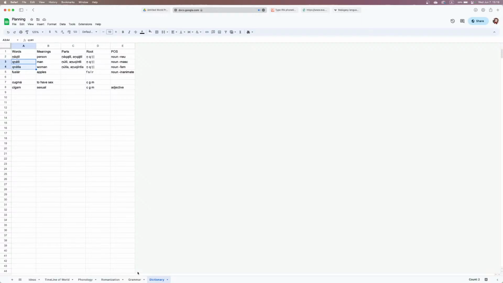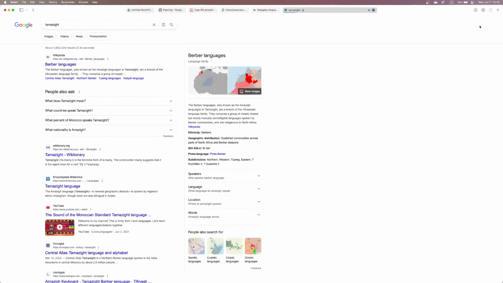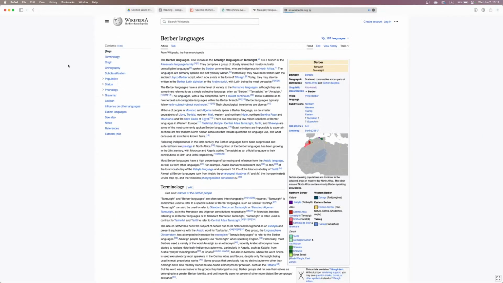I can't remember what language it was, but the word for comb or hair or something was ft. Like that's the word, just ft. Pretty sure it's Tamazight. Let me fact check that so I'm not just giving complete bull.